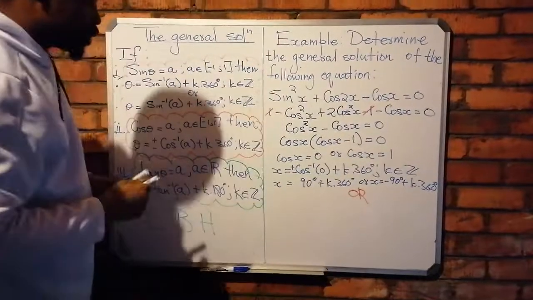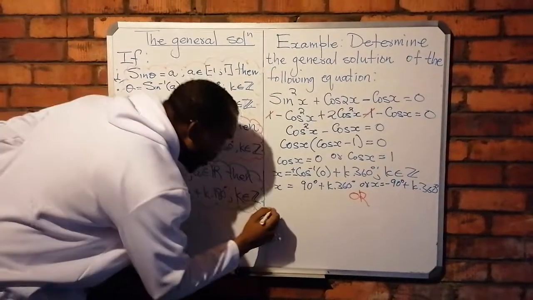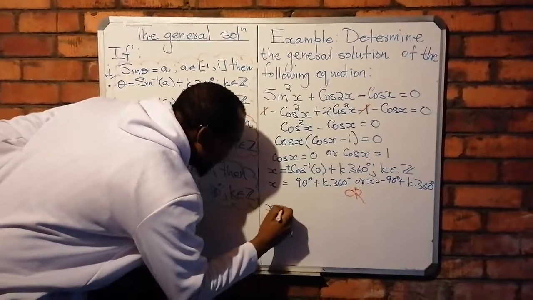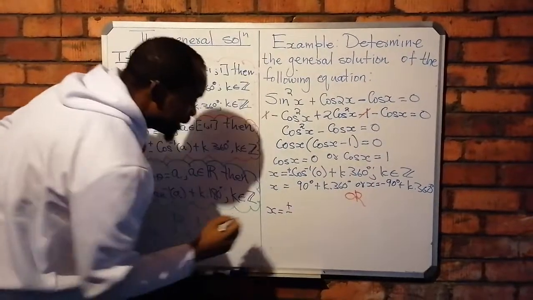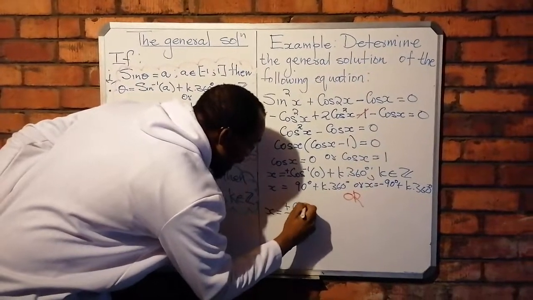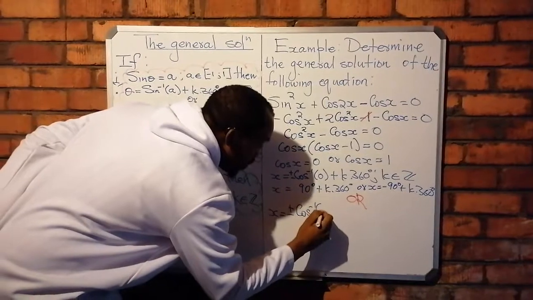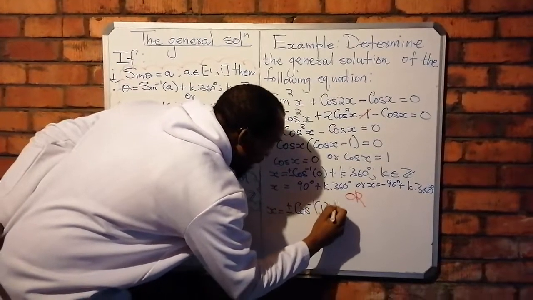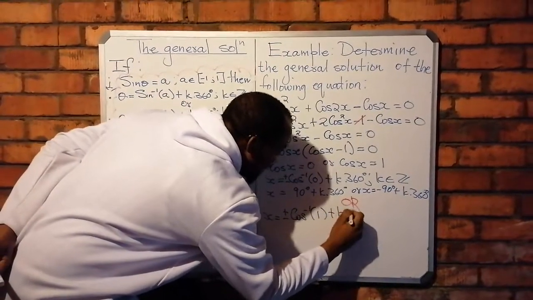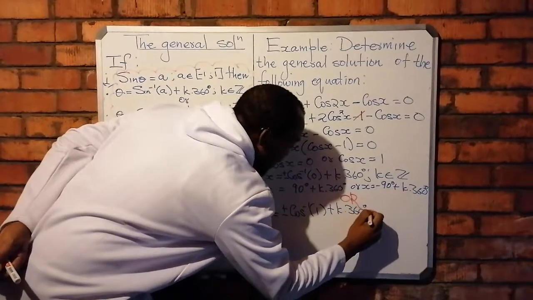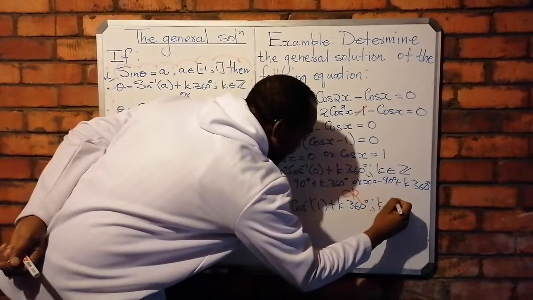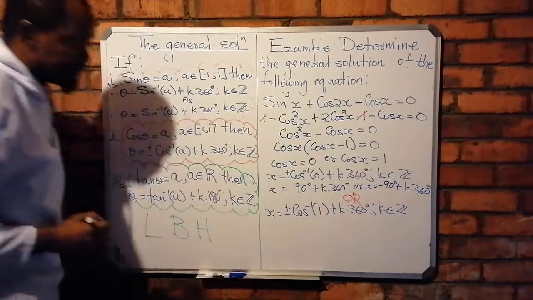And it is equal to 1 there. Therefore, that means x is equal to plus or minus arc cos of 1 plus k times 360 degrees, where k is an element of integers.